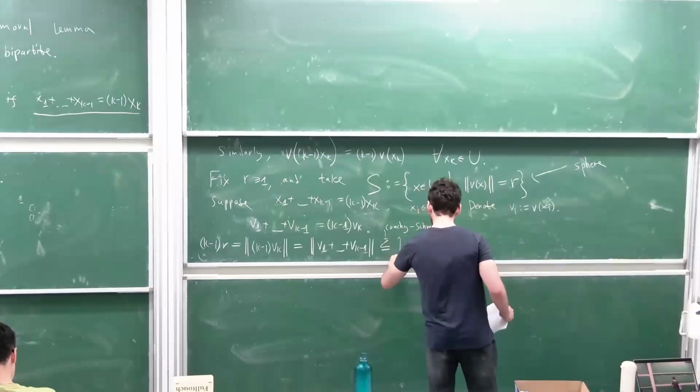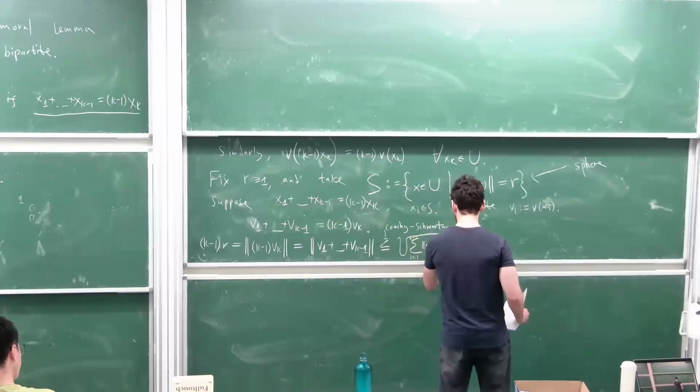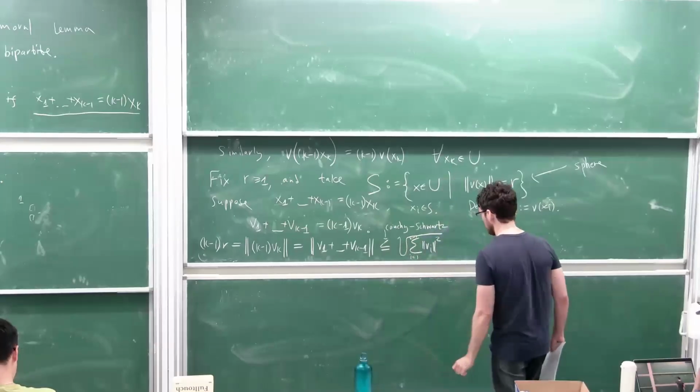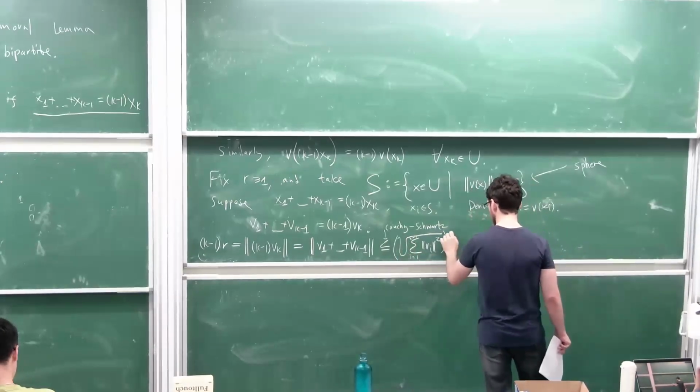No, square root of pi times square root of k minus.